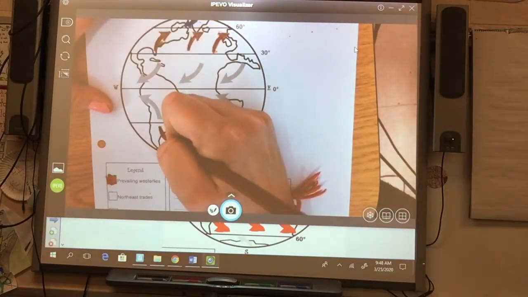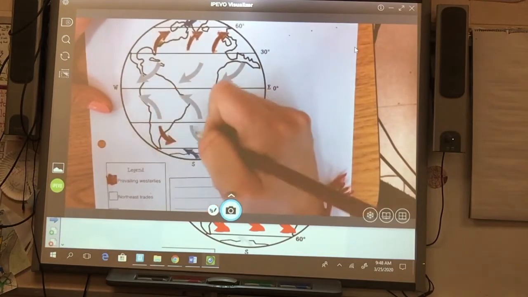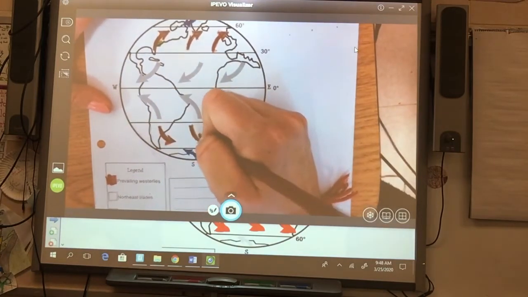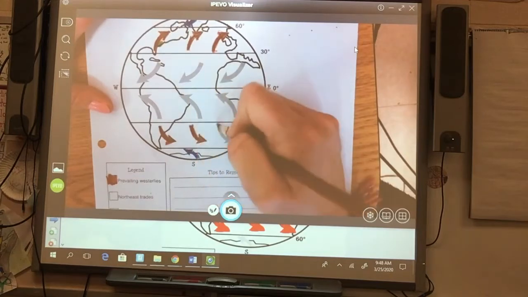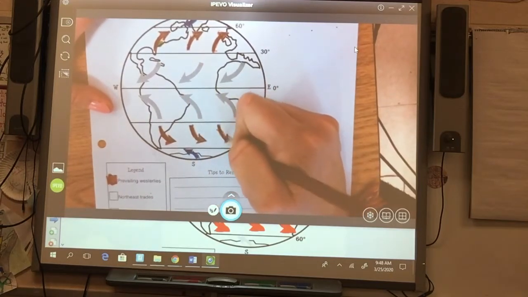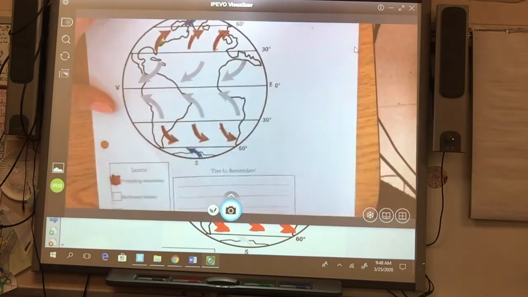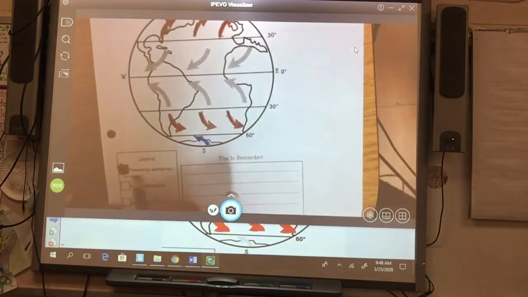Don't forget the westerlies in the southern hemisphere. Label them in your key there.